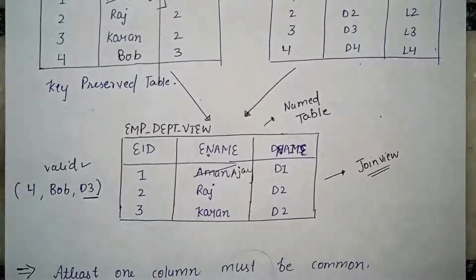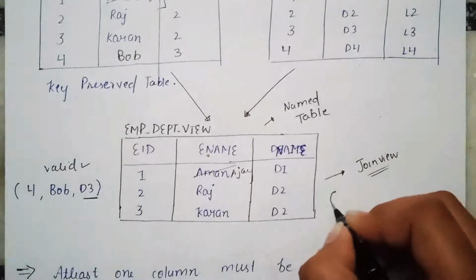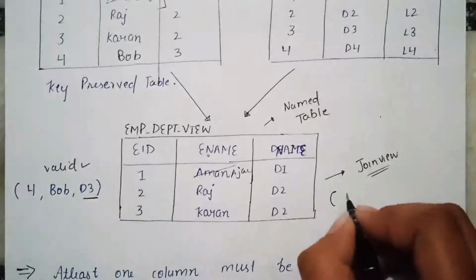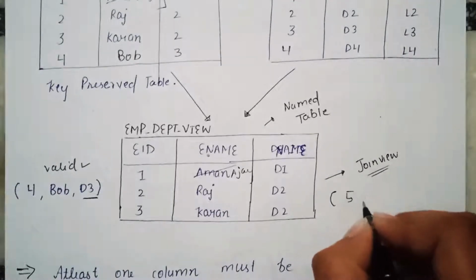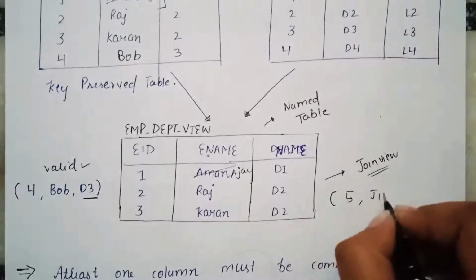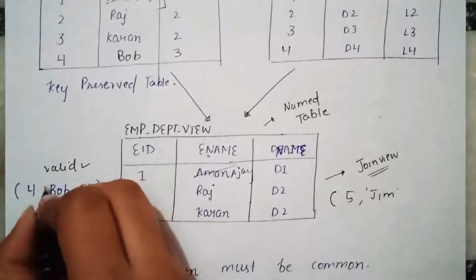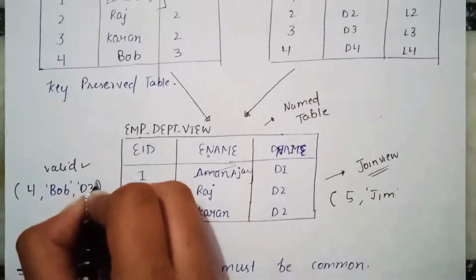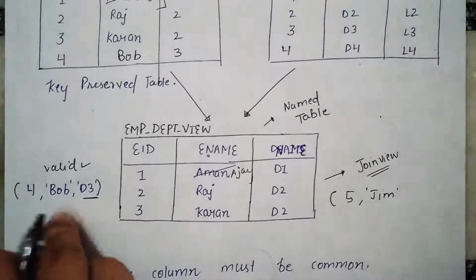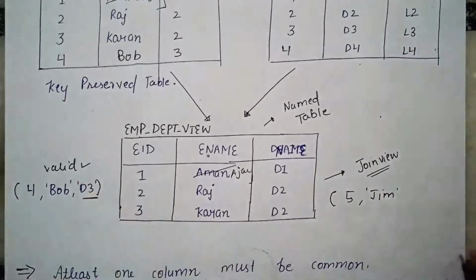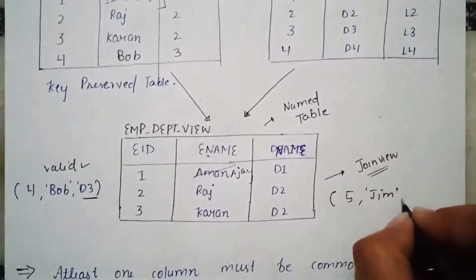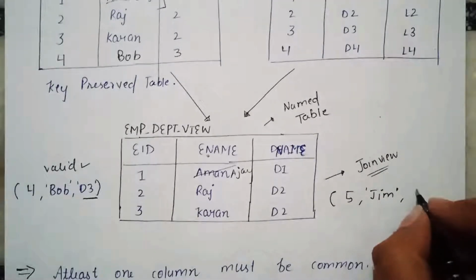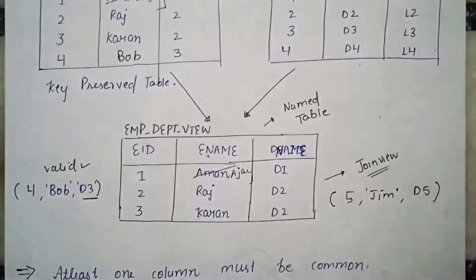Instead of this, let's say we try to insert a row like 5, gem. Sorry, I need to write a comma here, because it's a character type value. So I need to write gem, and after this, let's say I have written D5.